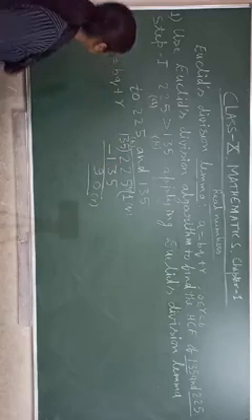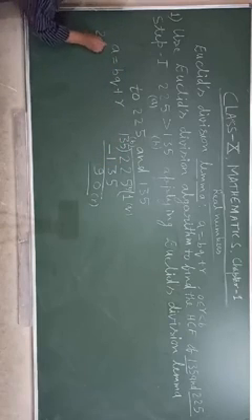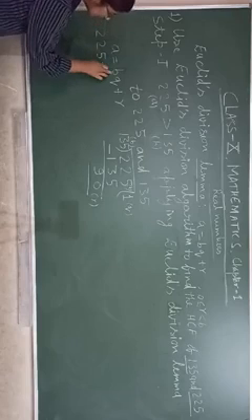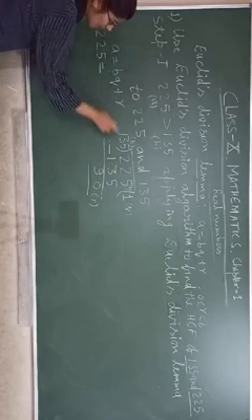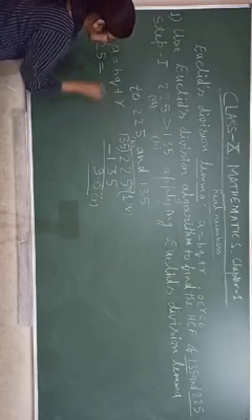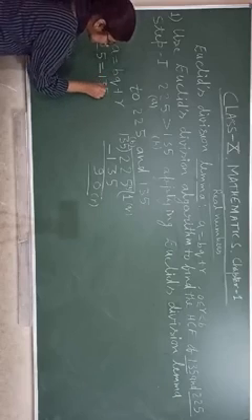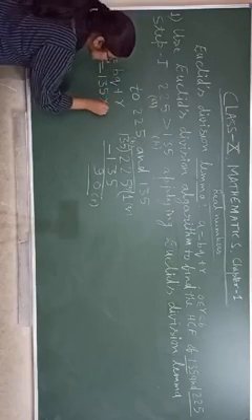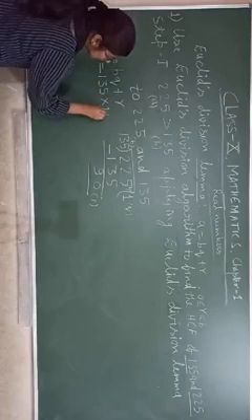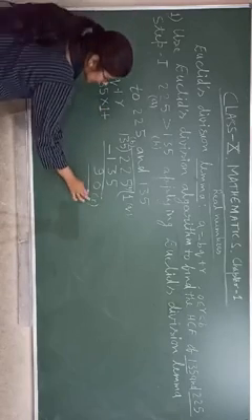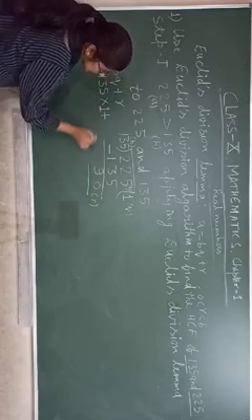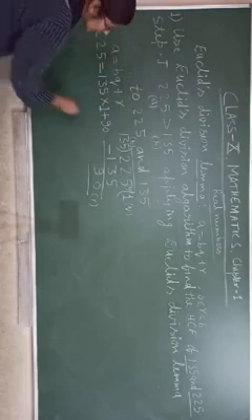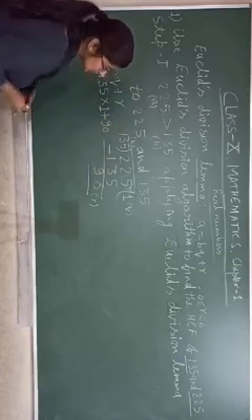What is a? a is 225, equals b, which is 135, quotient is 1, plus r, and r is 90.